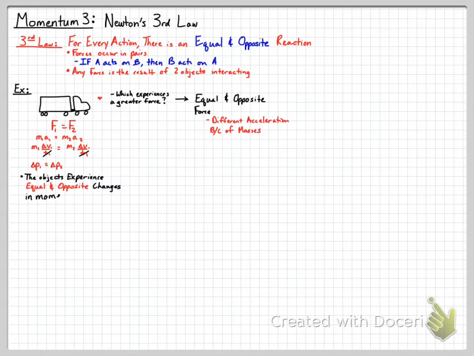The important thing is that the magnitude of each of these changes in momentum will be the same, but they may not be equal as far as negative or positive. So if object A loses momentum, then object B will gain the same amount of momentum. It's kind of like energy in that sense. You can't lose energy, but you can transfer it. So we're basically transferring momentum from one object to another.